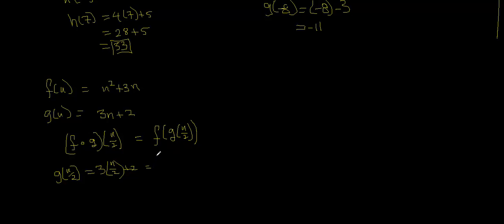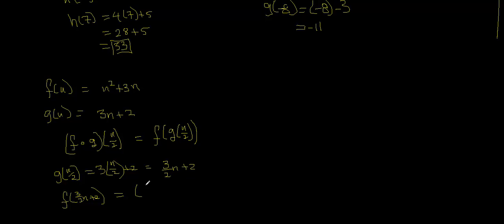If we rearrange it a little bit, this would be 3 halves n plus 2. And then we have to do f of 3 over 2 n plus 2 into the first function.